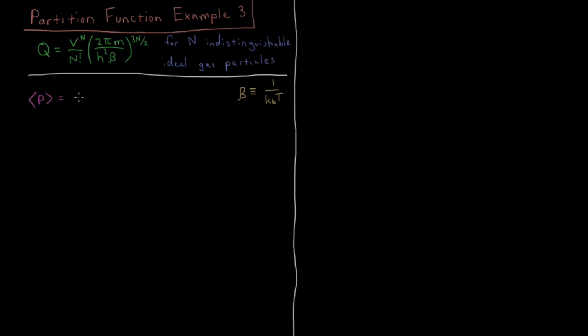And this is going to be minus the partial derivative of our average energy with respect to volume. Energy depends on not only volume, but also number of particles and inverse temperature beta. So we're going to make it clear here that this is a partial derivative with those two quantities fixed. Okay, so that's our pressure.